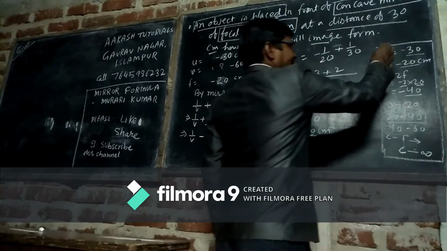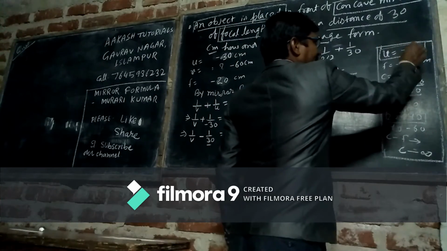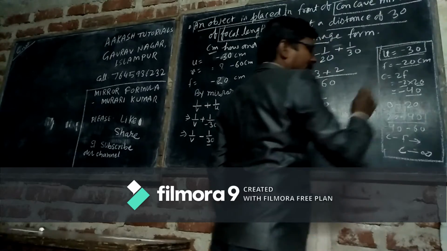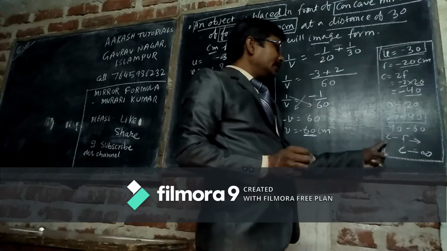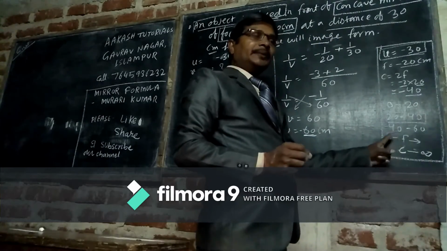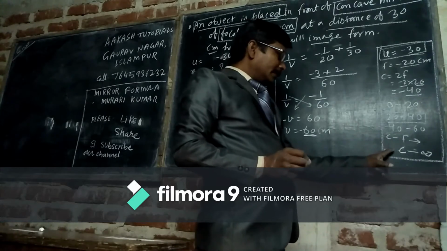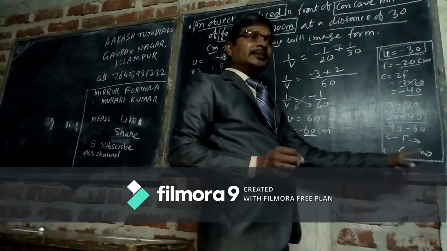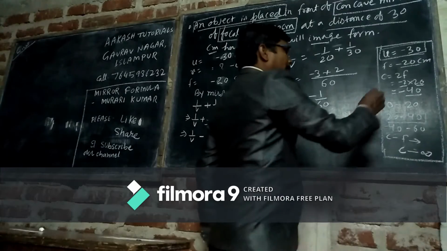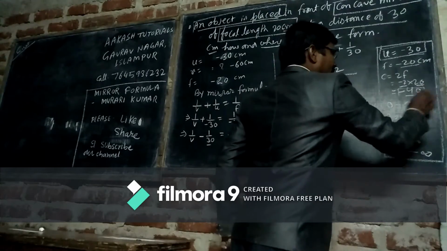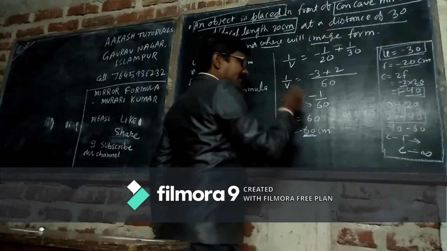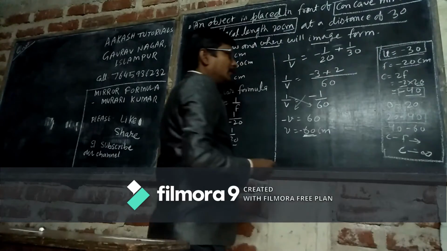The object distance given is 30 centimeter, and 30 is between 20 and 40. That is, the object is between C and F. If the object is between C and F, the image will be between C and infinity, meaning our value must be more than 40. And our answer is 60.